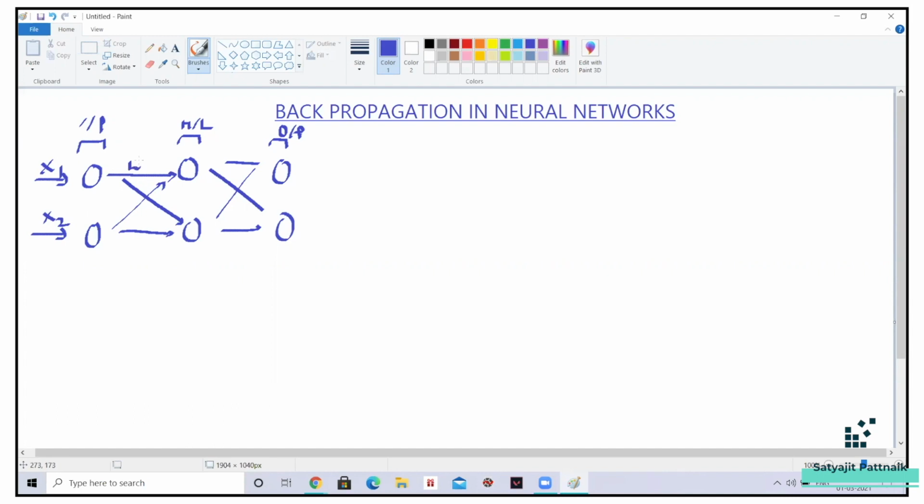We already know that each connection has a weight assigned to it, so we have W1, W2, W3, W4, and it goes on to W5, W6, W7 and W8. I'll name the hidden neurons H1 and H2. We have two inputs, X1 and X2, and I will name the outputs Y1 and Y2.